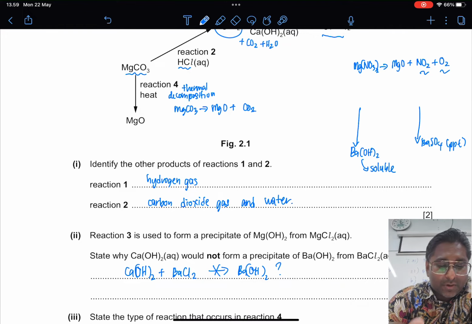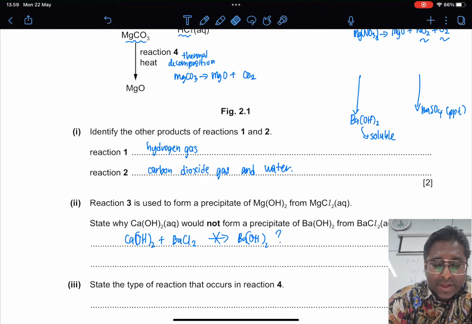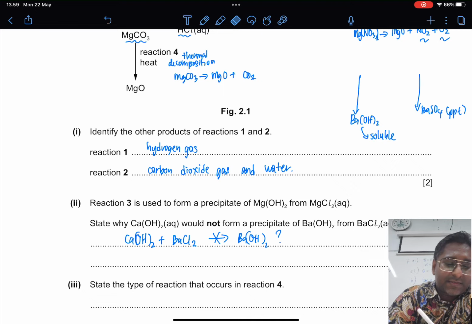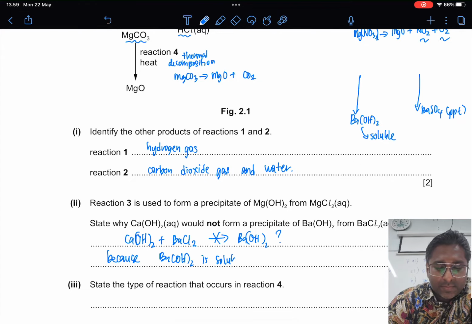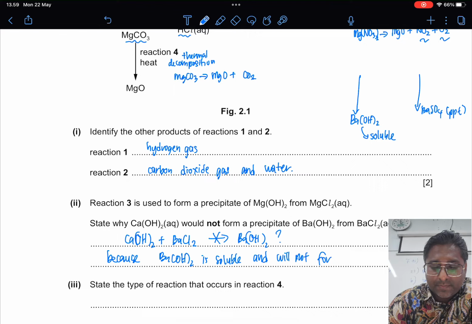So state why calcium hydroxide will not form a precipitate of barium hydroxide from barium chloride. The answer is because barium hydroxide is soluble and will not form a precipitate.